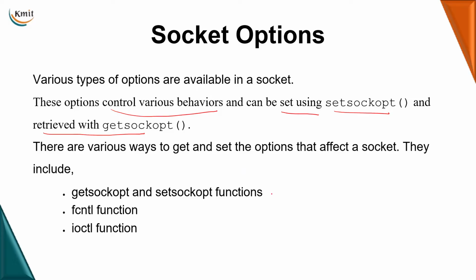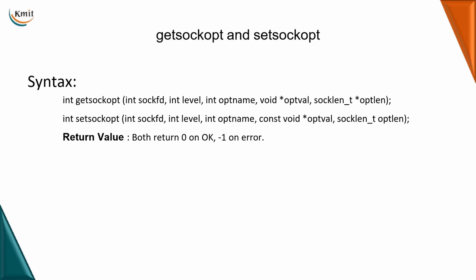They include getsockopt and setsockopt, as well as the fcntl file control function and the ioctl input output control function. Let us see the syntax of the getsockopt and setsockopt functions, which include the following parameters. The socket file descriptor, which is an open socket descriptor.